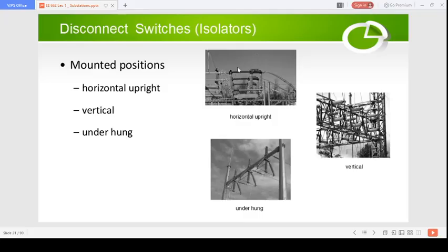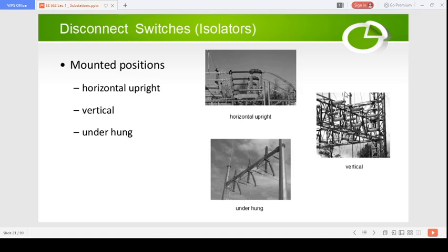The other one is the vertical, which you can see here. It's mounted this way, vertically. You can see these two insulators, and then you have this disconnect switch.